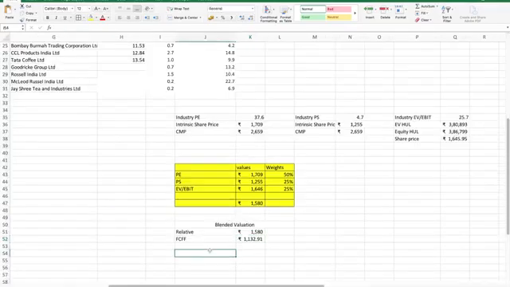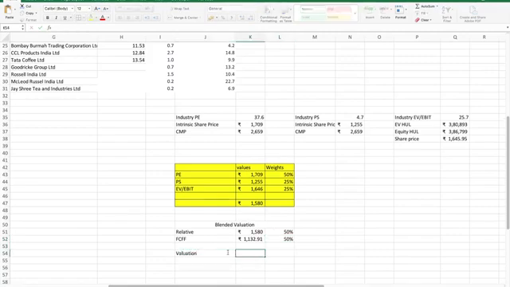Right. So if I have to give a combined blended valuation, how will I do that? Let us say I'll just take it equal. So 50% weightage to this methodology, 50% weightage to this methodology. Let us see what the final valuation is. We'll do the sum product again.